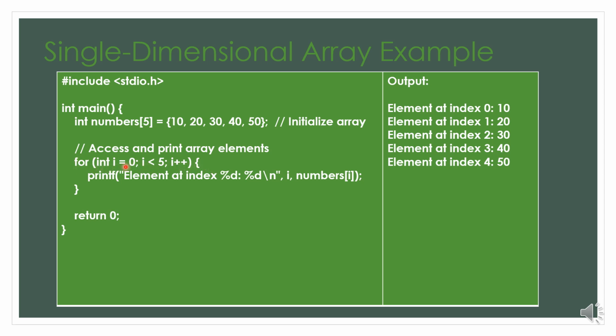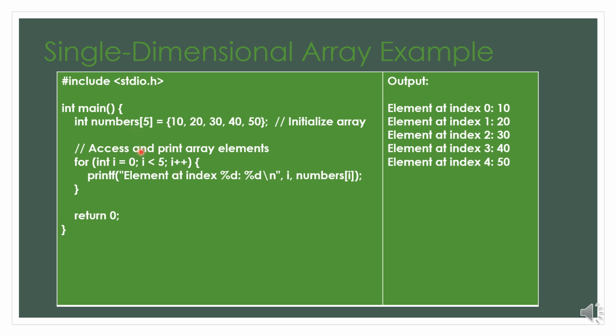Here for int i equal to 0, so the initial index value is 0. Our array size is 5, so i less than 5. After this condition is true, for example here 0 less than 5, the condition is true. Then print enter the elements at index. So the element at index 0 is 10. Again the i value is incremented and we check the condition.